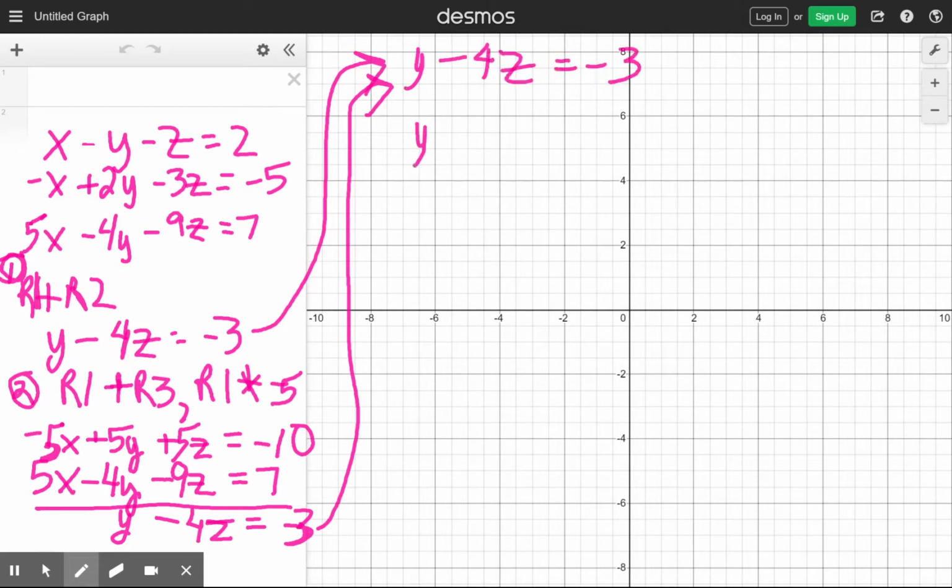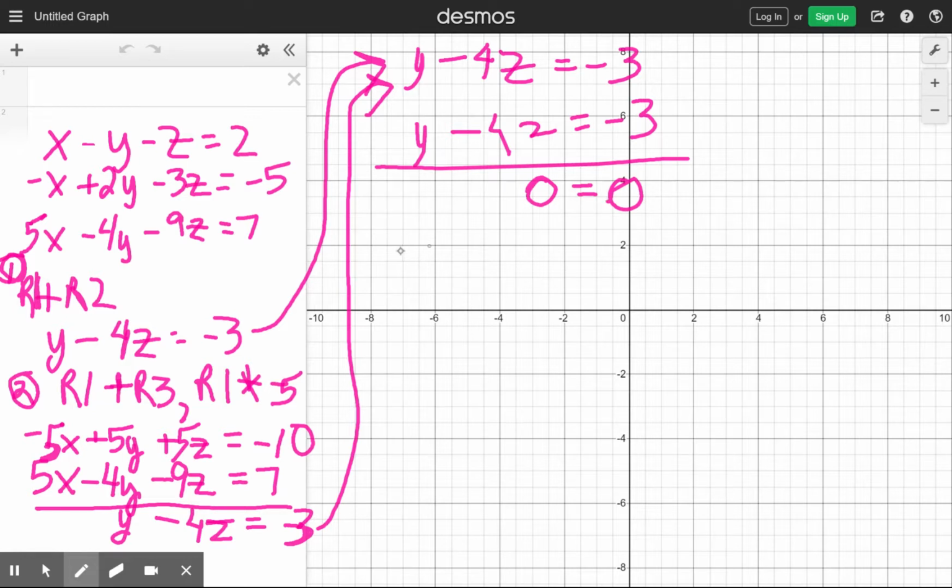So basically what we have here is two equations that are on top of each other. They're lines that are right on top of each other. And so adding these two equations together, we get 0 equals 0, which is always true. And so we have an infinite number of solutions. So instead of giving numerical answers, we're going to give this dependent set of equations as our answer.